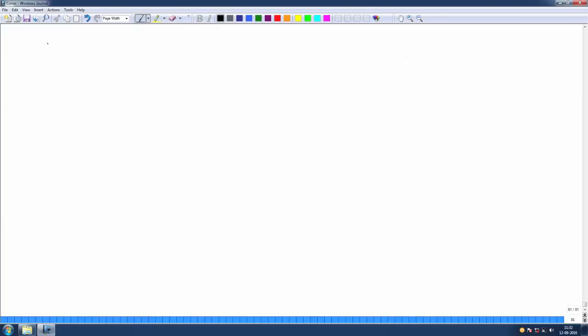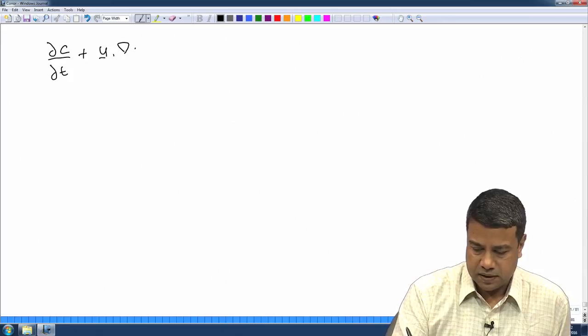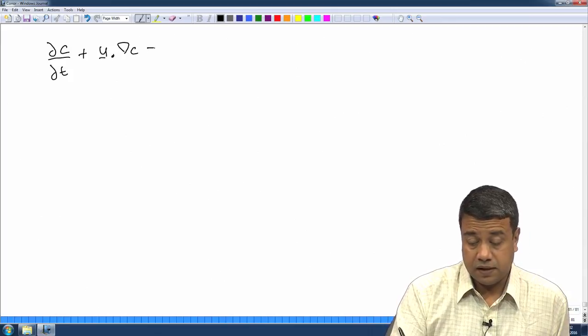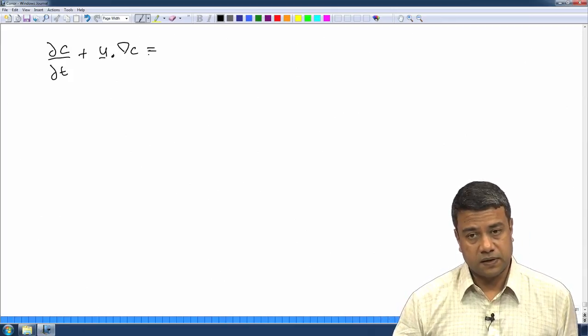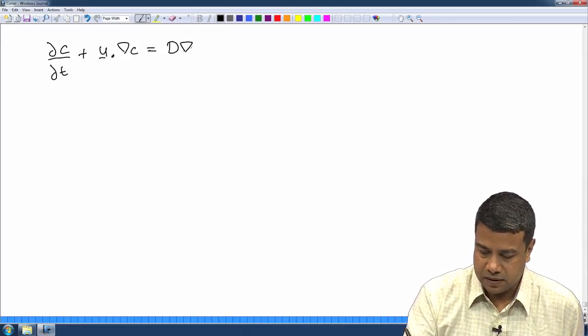For the concentration field, for example, dc/dt plus u dot grad c. This is only for incompressible flows where the divergence of the velocity is equal to 0. It is equal to D del square c.